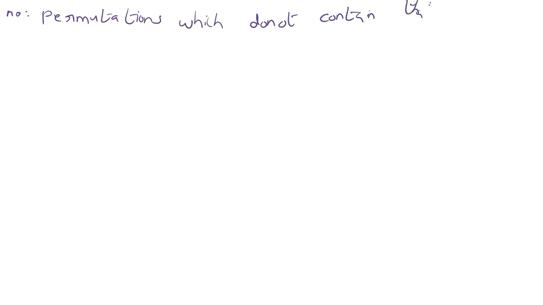Now the number of permutations which do not contain that particular element. Which do not contain that element means we can remove that particular element. I am removing this one.